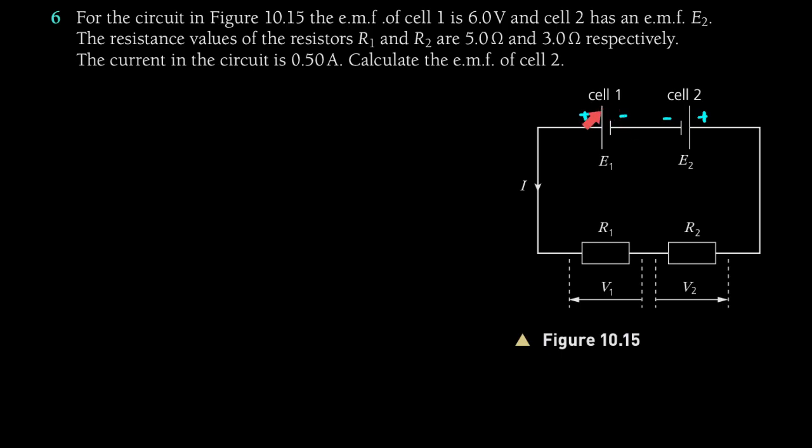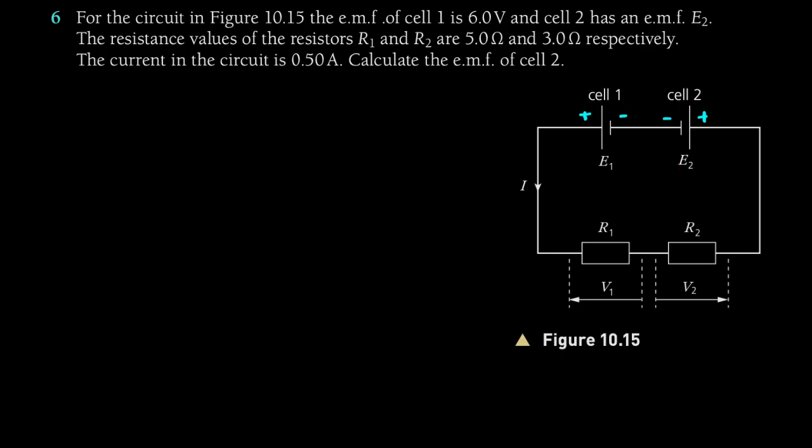So we have these two cells. Cell 1 we know the EMF for, and it is trying to drive the current from the positive to the negative terminal, which is also how I is labeled. And then cell 2 is trying to drive it in the opposite direction, from its positive to its negative terminal, right? So we need to find E2.